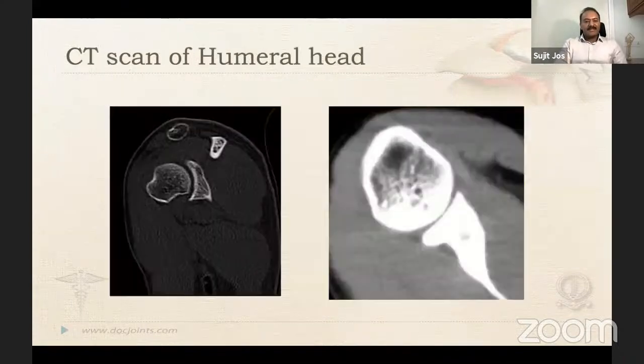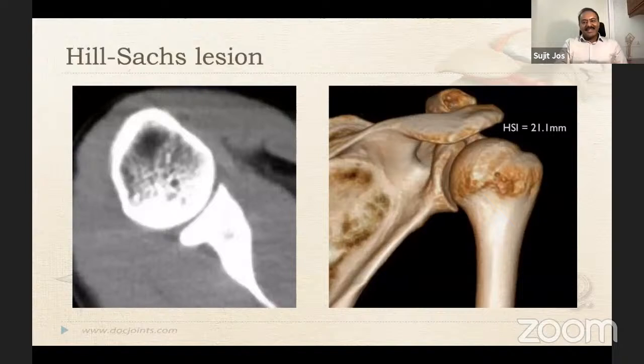Those are the CT scans of the humeral head, the dimension of the Hill-Sachs. Again, I feel it is much more technician and radiologist dependent than the 3D CT, where you can assess it yourself. That's the Hill-Sachs interval as I've measured here, which is 21.1 millimeters. Again, it's almost a tie between the glenoid track and the Hill-Sachs interval.